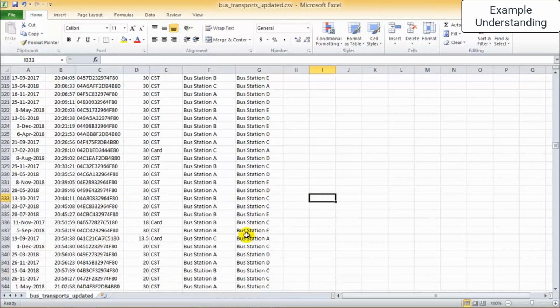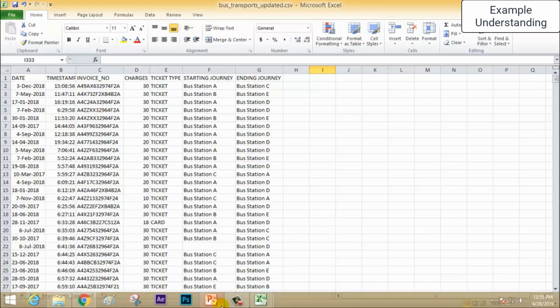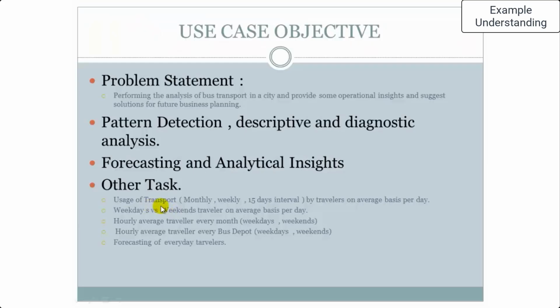Let's move forward and understand the other points in comparison to the dataset. We have seen usage of transportation weekly, monthly, and at 15 days intervals by travelers on an average per day basis.